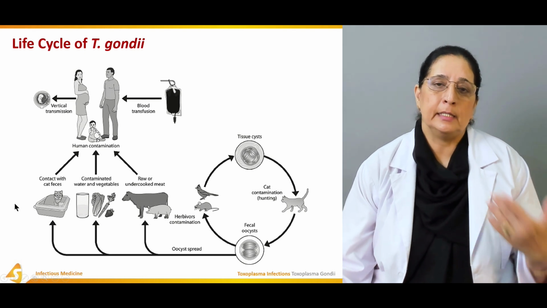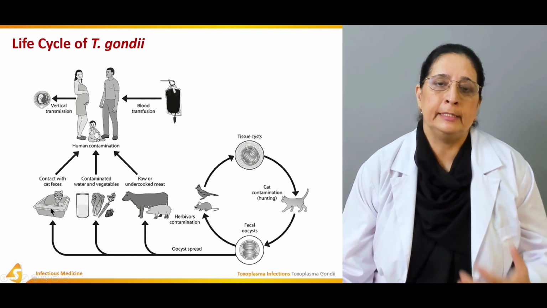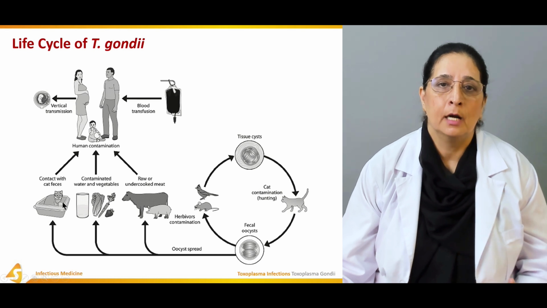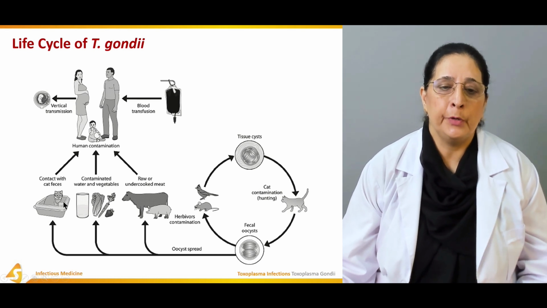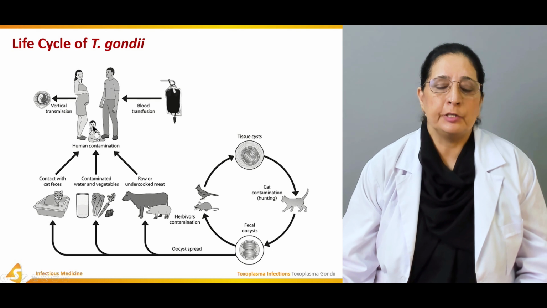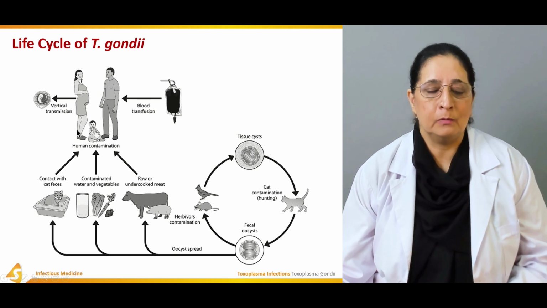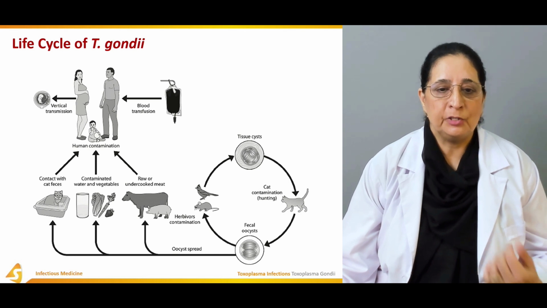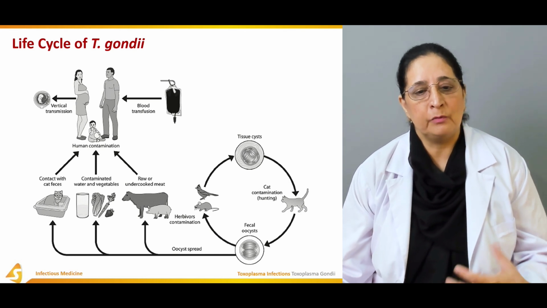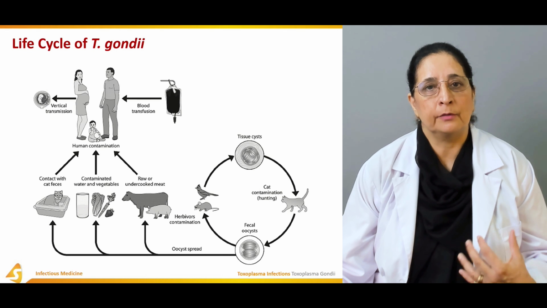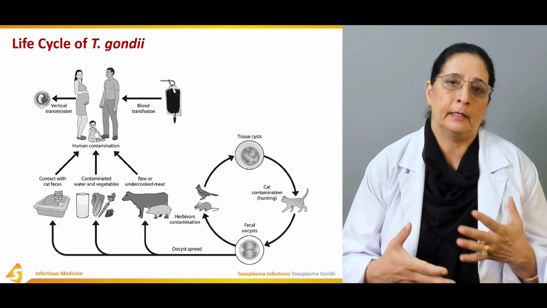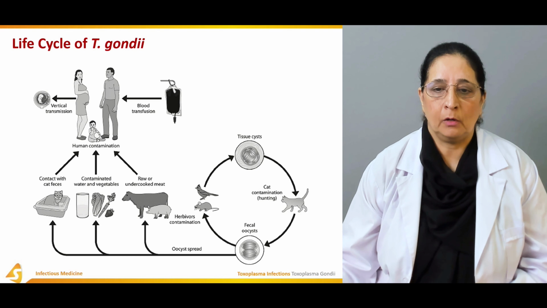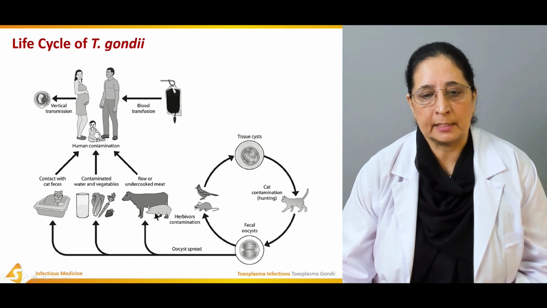So all these are the different sources from which the infection can occur. It reaches humans, especially small children when they play on the ground and come in contact with the cat feces usually, and then they touch other food products, then they get ingested. So these are all the means of the transmission.